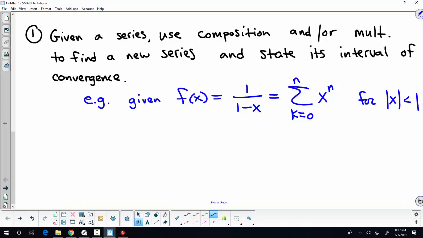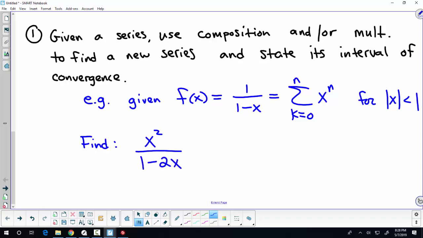So if you were given that, let's say you were asked to find the series and interval of convergence for x squared divided by 1 minus 2x.